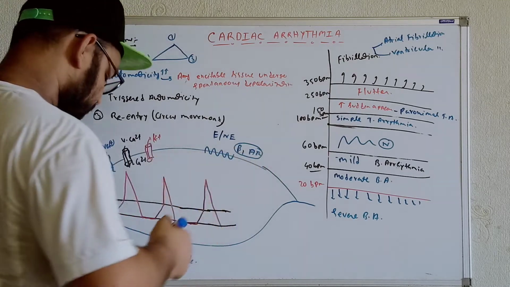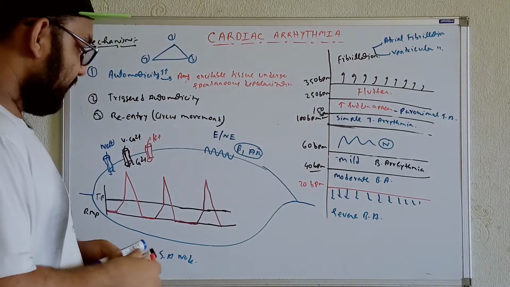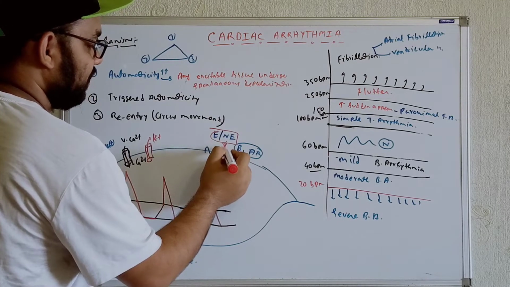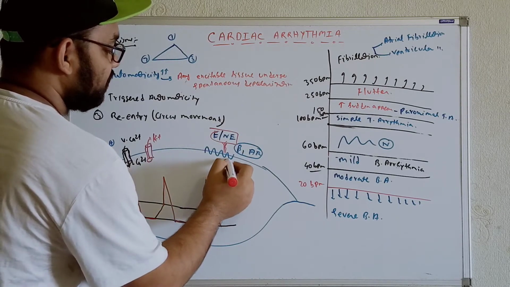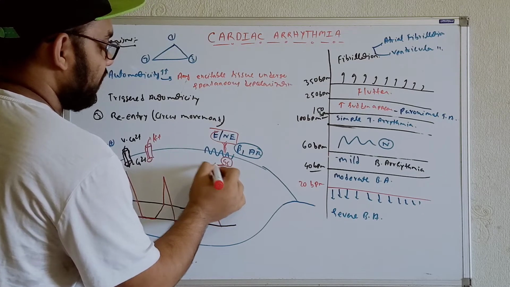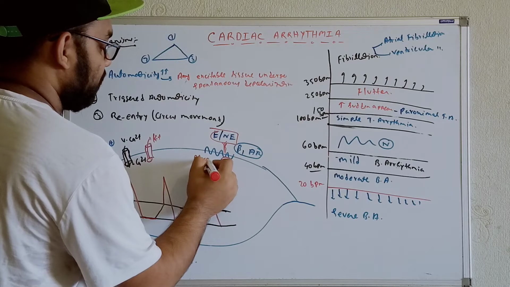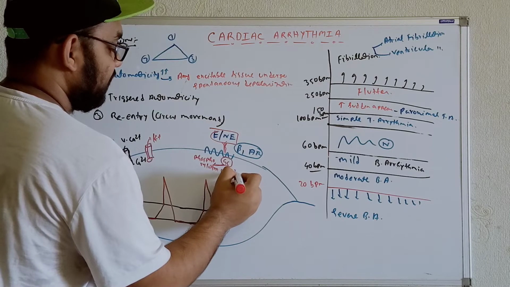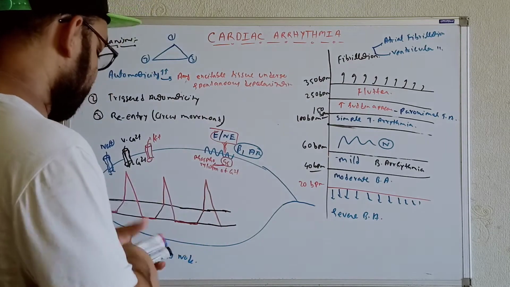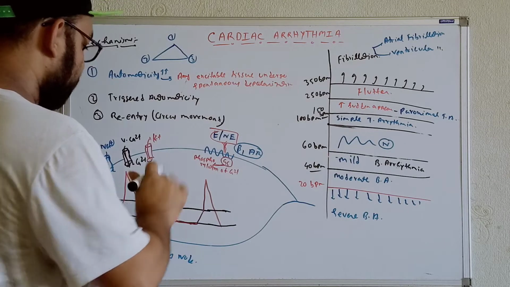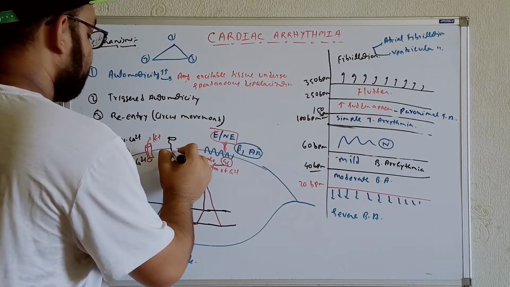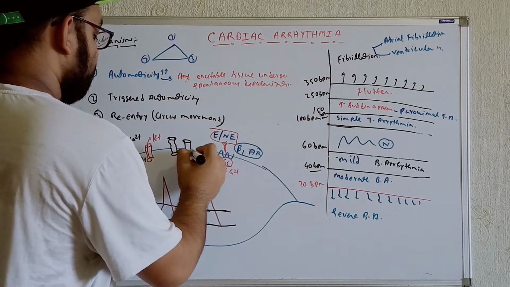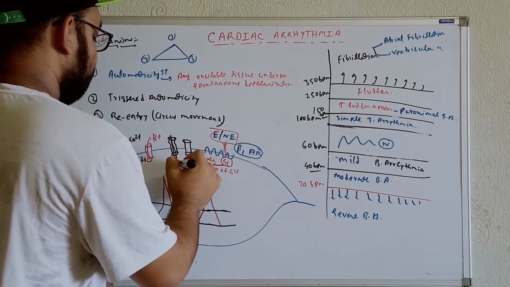So whenever there is overaction of epinephrine and norepinephrine, in these cases these receptors will be stimulated, and whenever stimulated, they will do phosphorylation of the calcium channel. We will get extra phosphorylated calcium channels because of the action of epinephrine and norepinephrine.